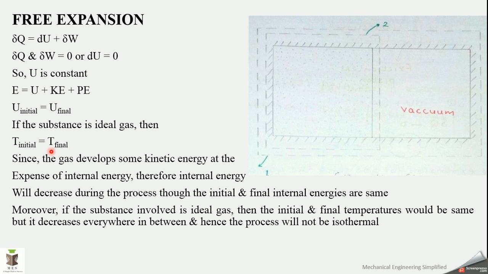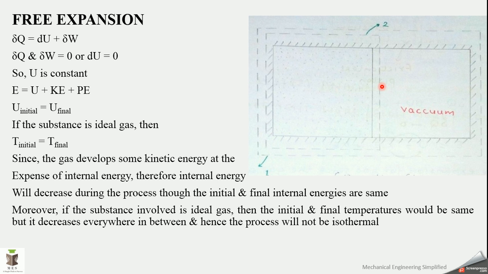But what happens? The gas develops some kinetic energy at the expense of internal energy. When the partition ruptures, the gas flows and fills the entire container, so the molecules acquire some kinetic energy at the expense of the initial internal energy.